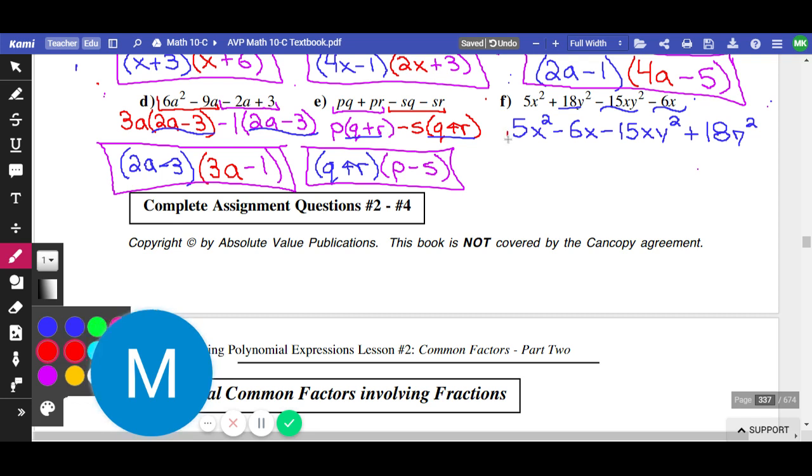We look at this side. I can take out an x. It leaves me with 5x minus 6. If I look at the next group, I have negative 15xy squared plus 18y squared. I know I want my negative to be the second thing, so I'm going to take out a negative 3y squared.